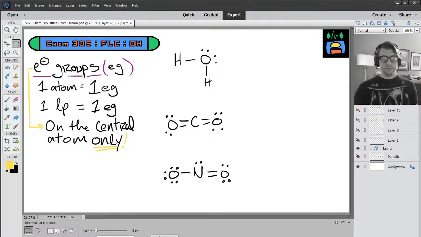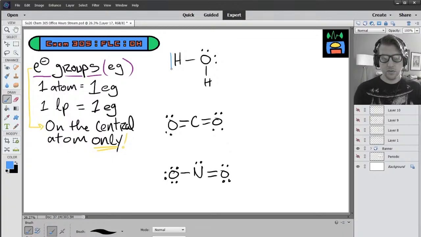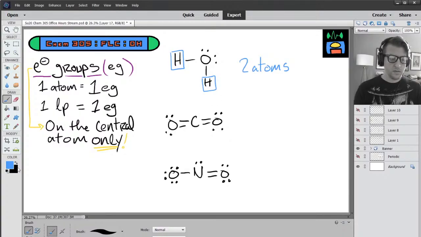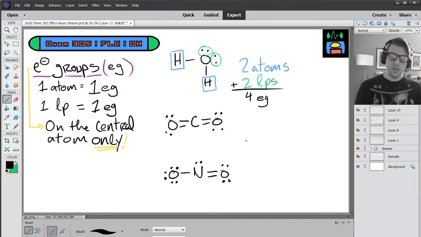So if you look at the number of atoms on H2O, we have two atoms, and we have two lone pairs, so that means we have 4 electron groups.